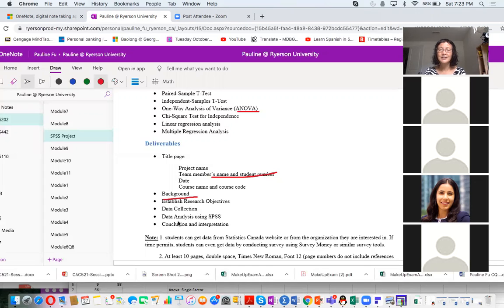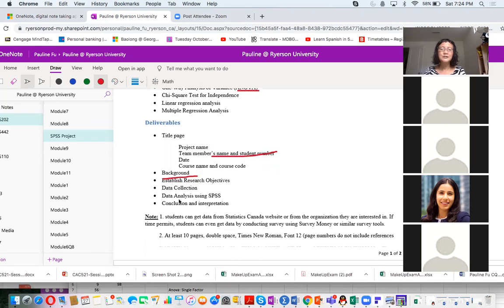I want to see how you use what you learned to do data analysis. So you could make up data, but you need to tell me where the data came from. Maybe you get some real data and then make up the other part.